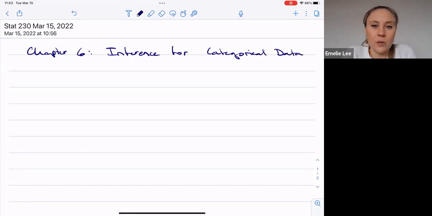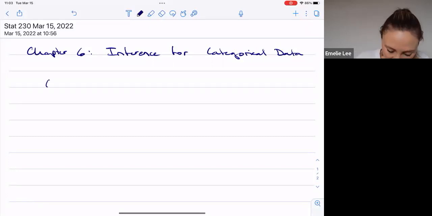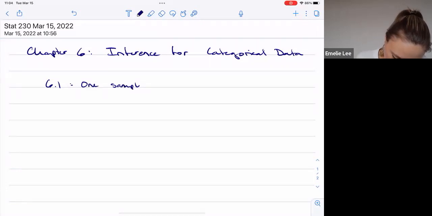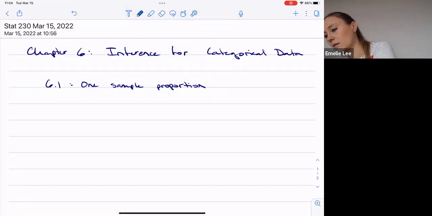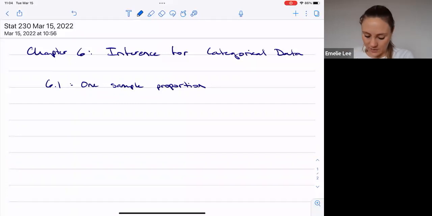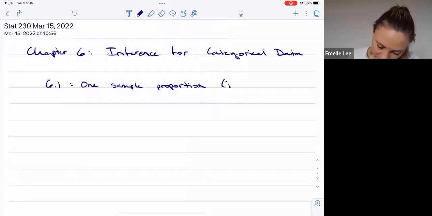So just for a little bit of an overview of what's going to happen, 6.1 is basically a review of chapter 5. It's called inference for a single proportion, but usually I just call it one sample proportion.